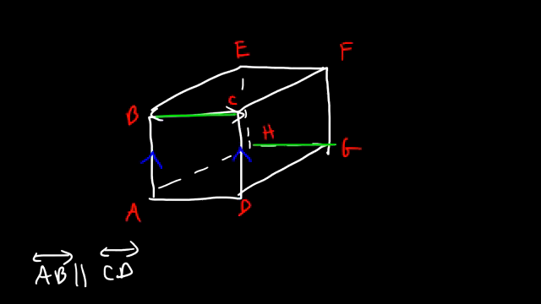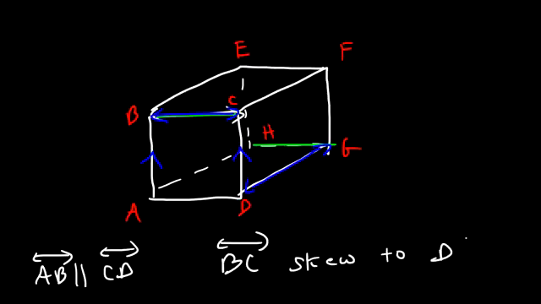Now what about BC and DG? What's the relationship between those two lines? Now those two lines are skew lines. We can't draw a plane that has both of those two lines. So we could say BC is skew to DG because they do not exist in the same plane.